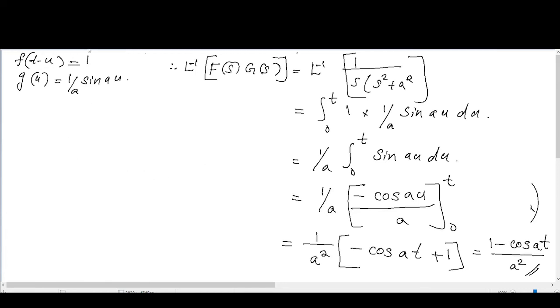Okay. Now let us move to another problem. Find L inverse of 1 by s square into s minus a. As in the previous case, here also we can proceed. Now you can compare our given question with the L inverse of f of s into g of s.